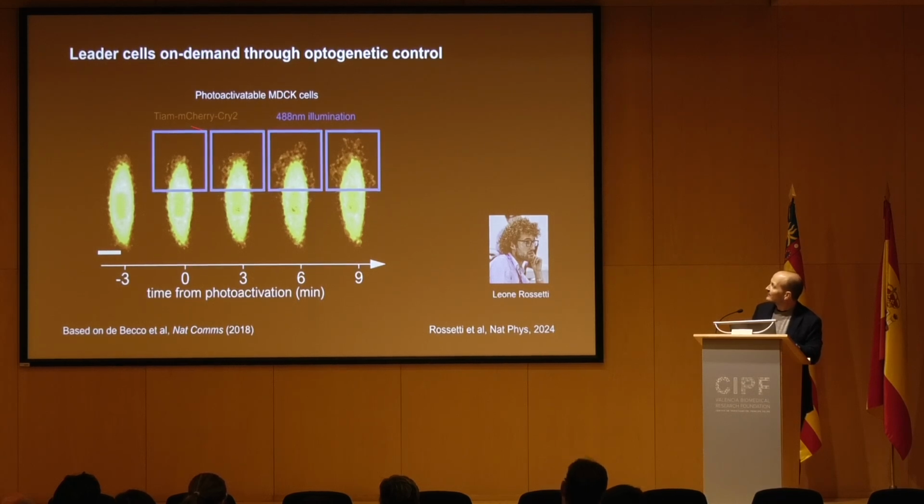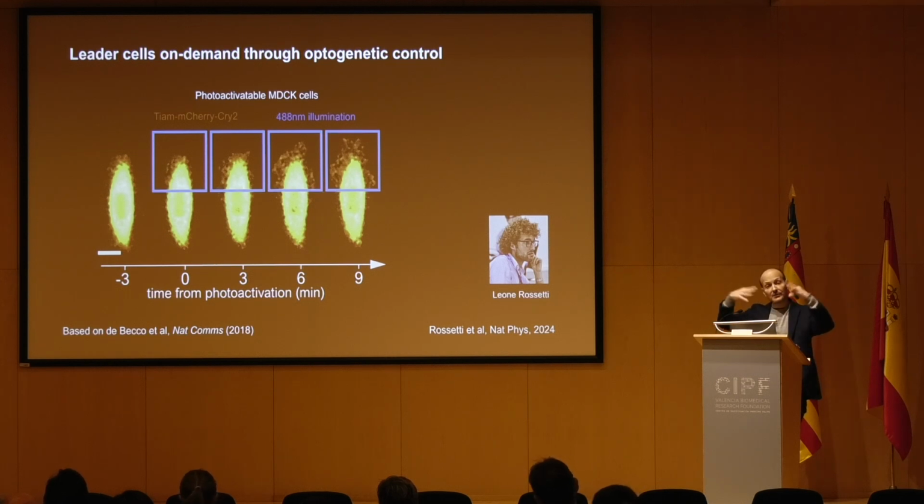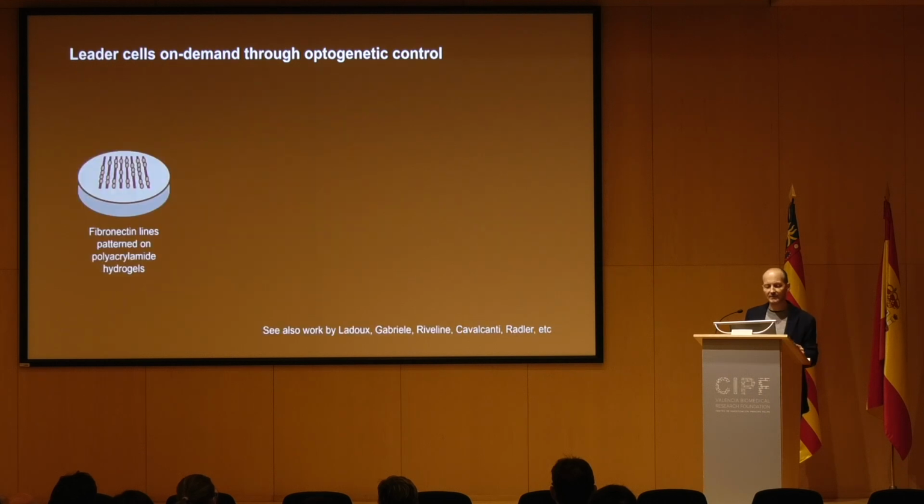And the way we do that is by localizing a RAC1 GEF that upon illumination localizes at the membrane of the cells and then activates this process of protrusion. Okay? So this works very well, and that's something that Leone was able to develop. When you stop shining light, then this protrusion decreases. So we can turn a cell into a cell that migrates. Okay, so that's the first thing we needed. We can turn a cell into a motile one that can act as a leader.